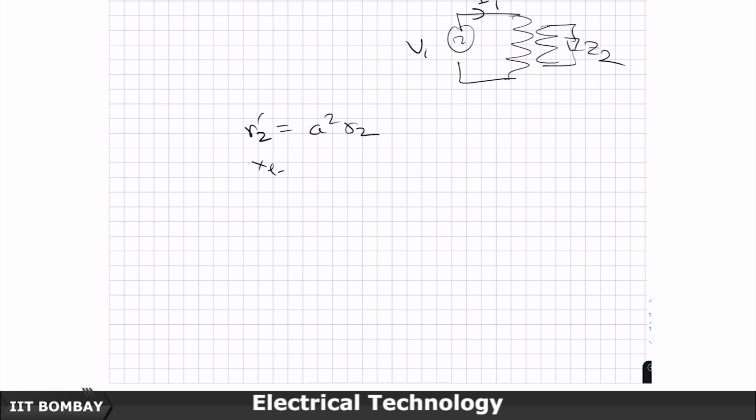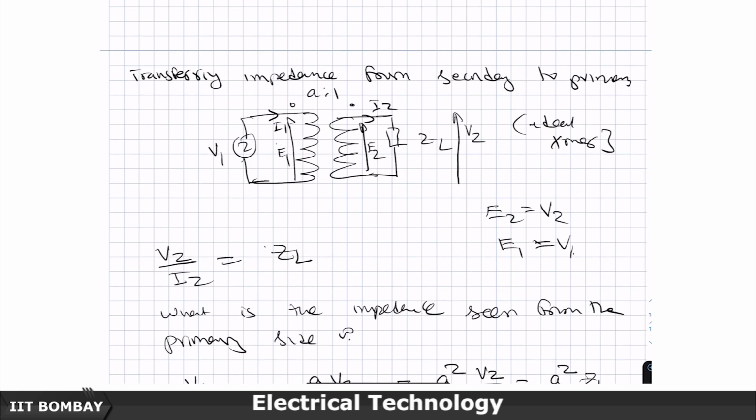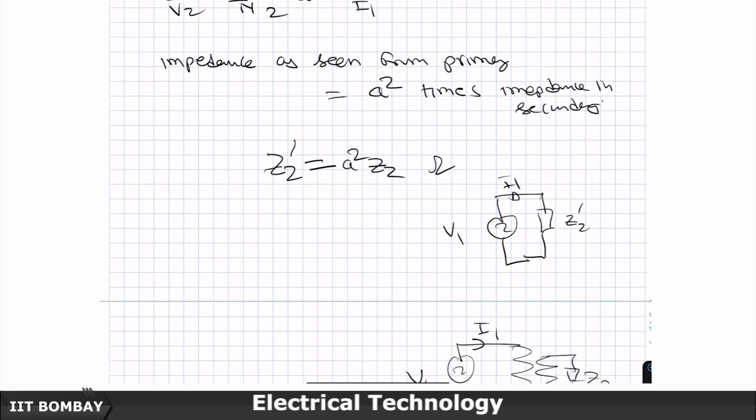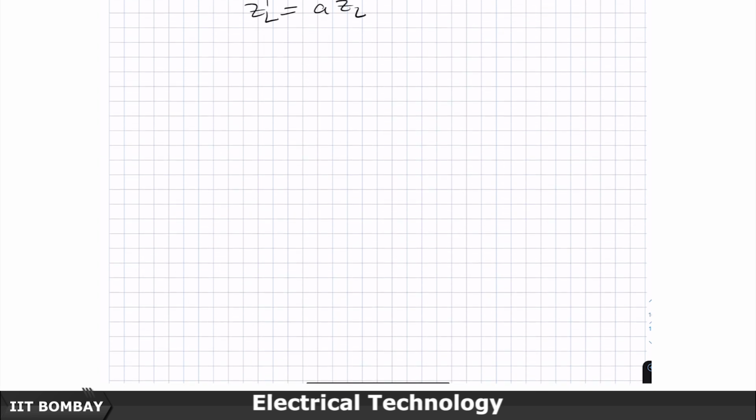I will call XL2 dash as A square XL2, and I will call the load A square ZL as ZL dash, and since these are all in series, when I transfer it, this is called referring it to the primary side, then multiply it by A square and eliminate this transformer.